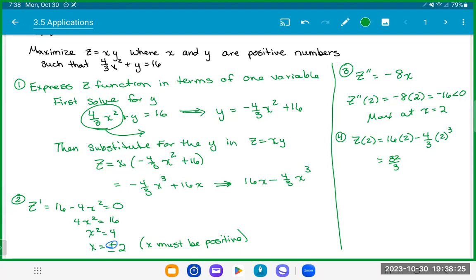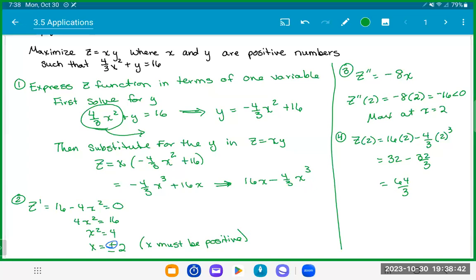Actually, sorry, this doesn't simplify to what I said. This is 32 minus 32 over 3, and that is 64 over 3.